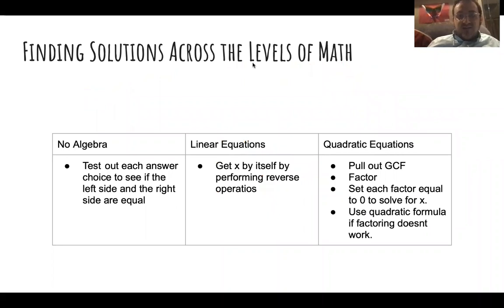To give you a guideline of the different levels of questions, one could do the concept of equals and solutions even without knowing any algebra. You could be given random equations and test out each answer choice to see if the left side and the right side are equal just by plugging something in.